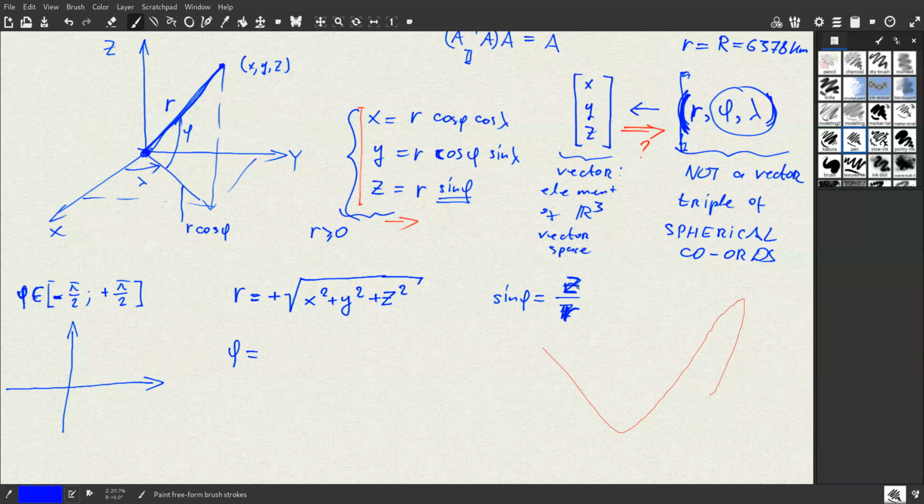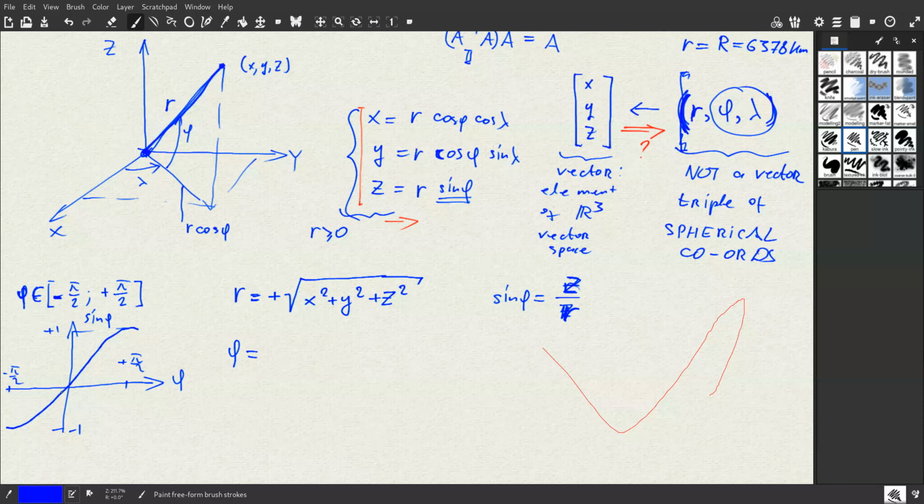And because we know that phi is in between minus pi over 2 to plus pi over 2, sine phi in that range is monotonically increasing from minus 1 to plus 1.